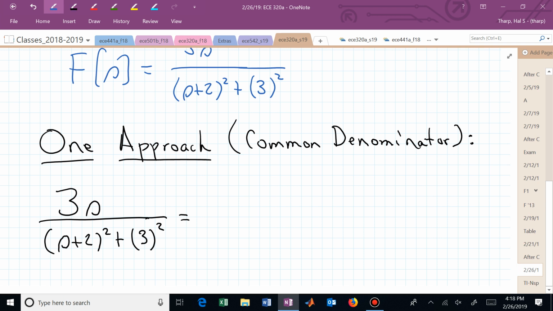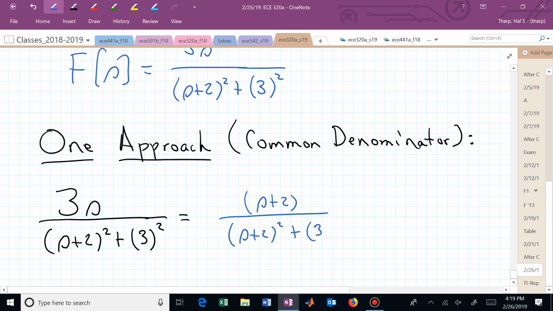But we know that we expect an exponentially damped cosine and an exponentially damped sine. If you now go into the table of Laplace transforms and ask what's the structure in the frequency domain of an exponentially damped cosine? Cosine is going to be s plus 2 over s plus 2 squared plus 3 squared. That's the exponentially damped cosine.